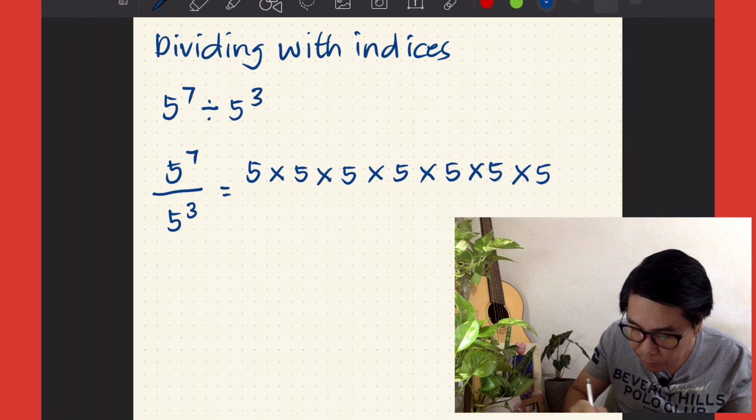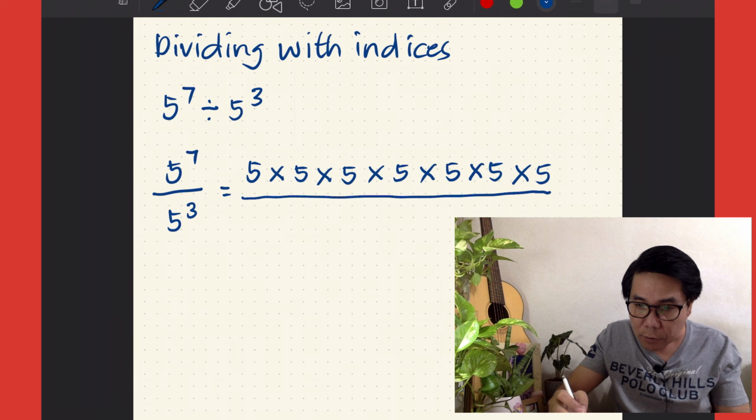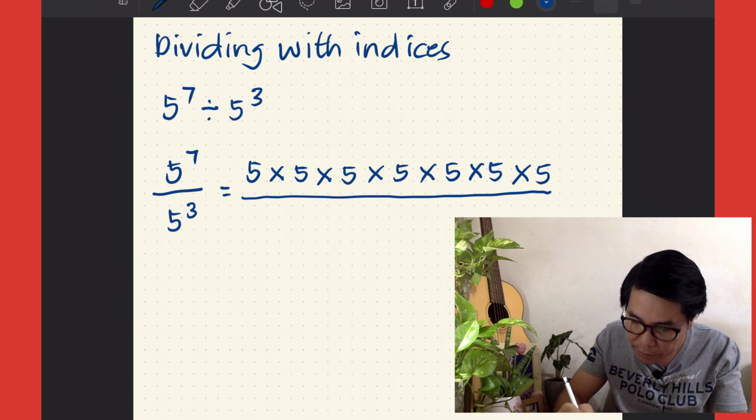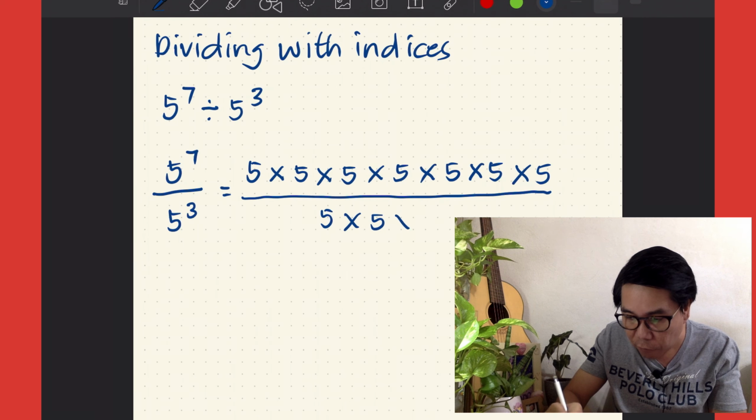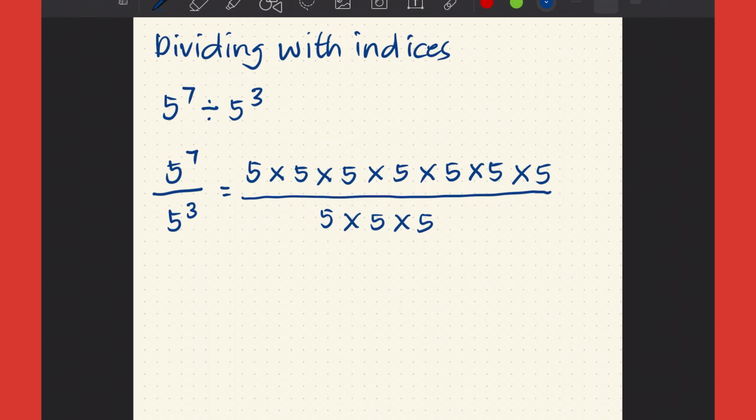Divided by 5 raised to the power of 3, which means 5 times 5 times 5. Now we can cancel: 5 up, 5 down, 5 up, 5 down.